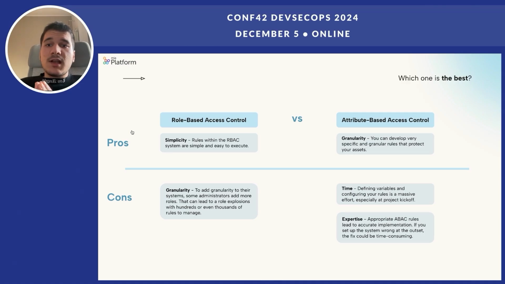Both strategies have their pros and cons. On one hand, the RBAC strategy is certainly simple, but compared to an ABAC approach, it lacks granularity. On the other hand, using attributes allows for a more granular definition of access policies to specific assets, but implementing such a strategy requires more time and expertise to correctly define the attributes you need.